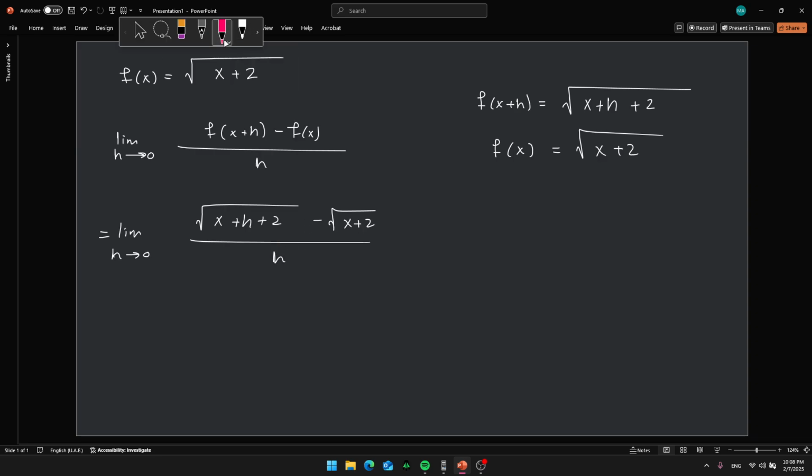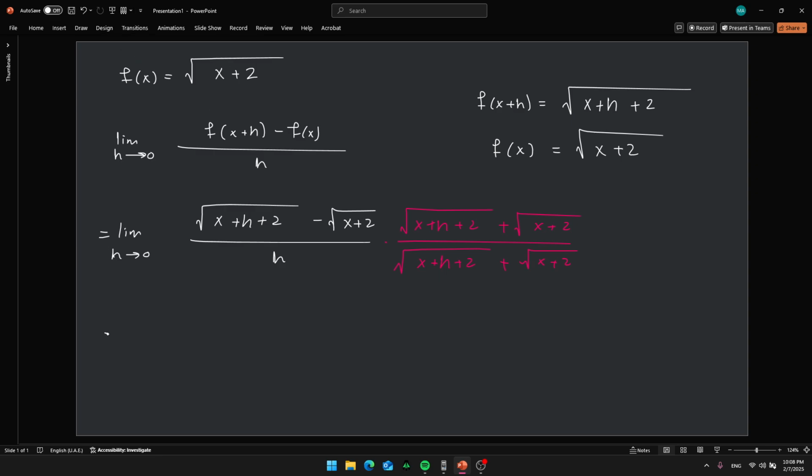Now we have two radicals subtracted from each other, so I'm going to multiply by the conjugate, radical x plus h plus 2, switch the sign because it was minus, radical x plus 2.